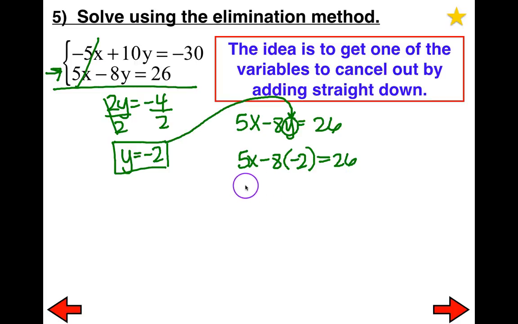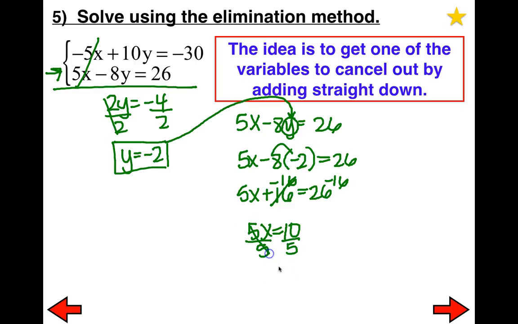So here I'm left with 5x. This is going to be a positive because a negative times a negative is positive. At this point, I'm just going to get rid of my constant, which leaves me with 5x equals 10. Divide both sides by 5, and my x is 2.